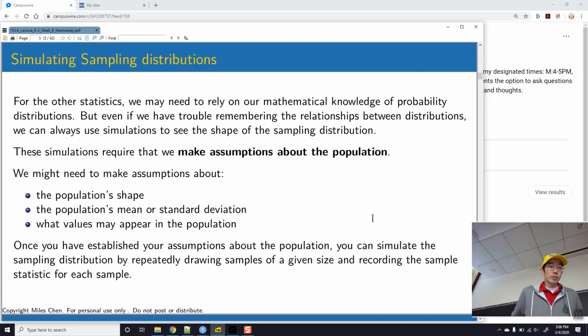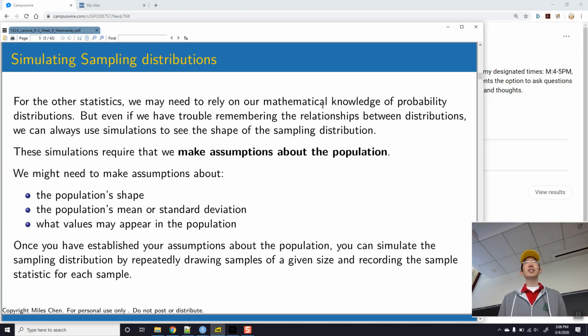Now, whenever we simulate these sampling distributions, one way we can do this is to rely on our mathematical knowledge of probability distributions. You've taken 100B, or you're taking it right now, and you've learned about all of these probability distributions: the normal, the t distribution, the chi-squared distribution, the beta distribution, and gamma.